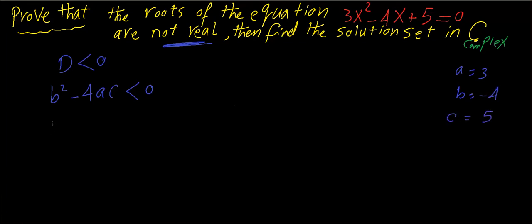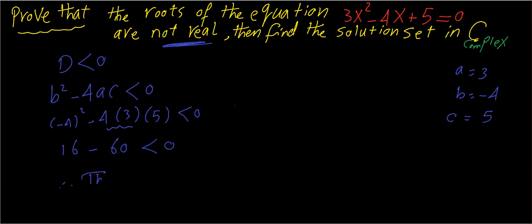Let's substitute: (-4)² - 4 times 3 times 5 < 0. 16 minus 12 times 5, which equals 60. We note that 16 is smaller than 60, so their subtraction is smaller than 0.